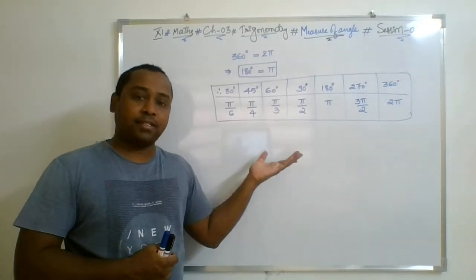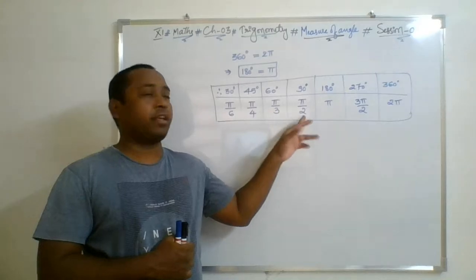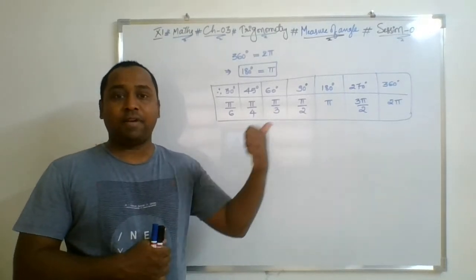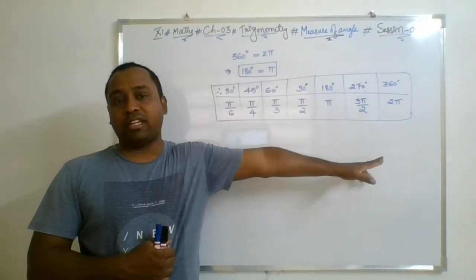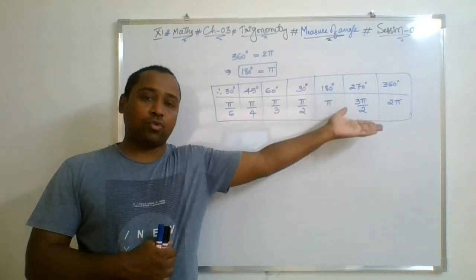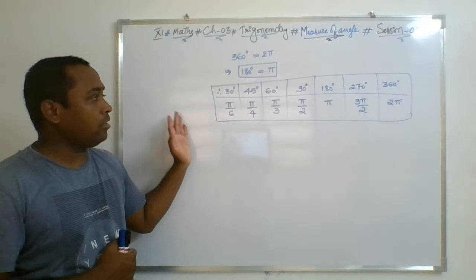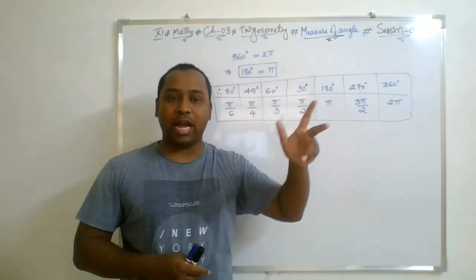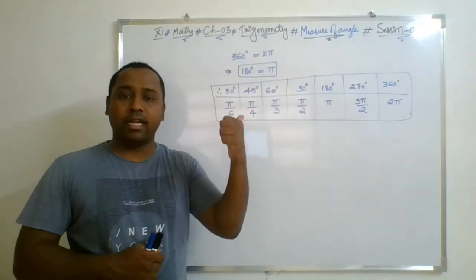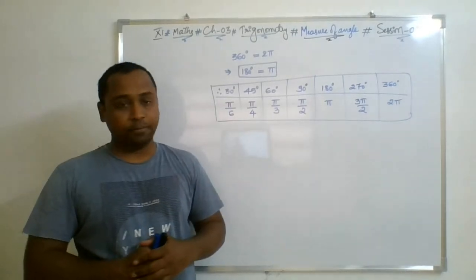If I say 90 degree, you could say, sir, it's pi by 2 radians. If I say 360 degree angle, it is 2 pi radians. If it is 270 degree angle, 3 pi by 2 radians. So in this manner, you need to speak both the languages of the angles, degree as well as the radian measure.